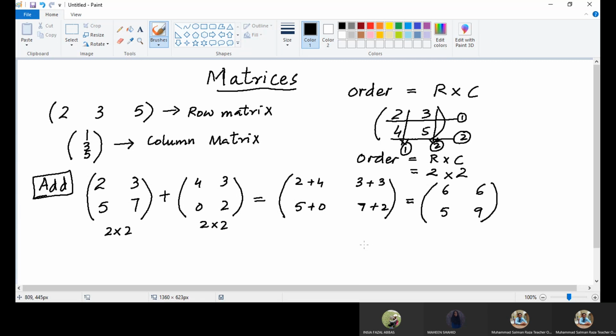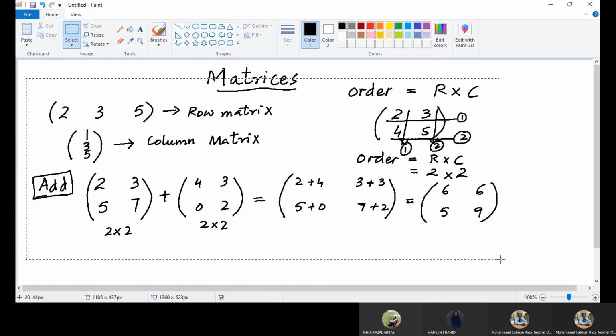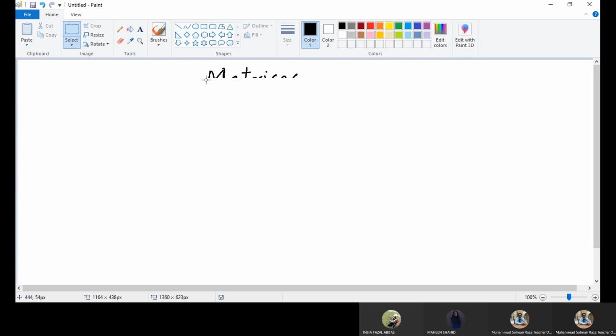If we apply the same thing for subtraction, for subtracting a matrix, that is the same.